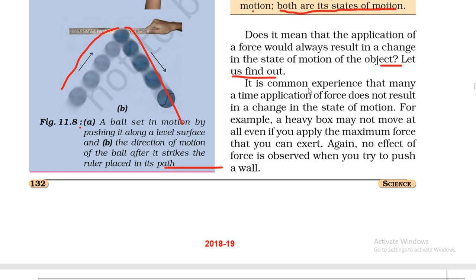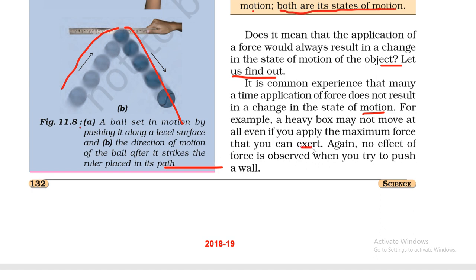It is common experience that many a time application of force does not result in a change in the state of motion. So many times there is no change in the state of motion. For example, a heavy box may not move at all even if you apply the maximum force that you can exert.